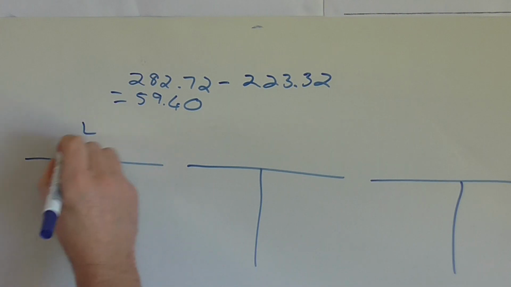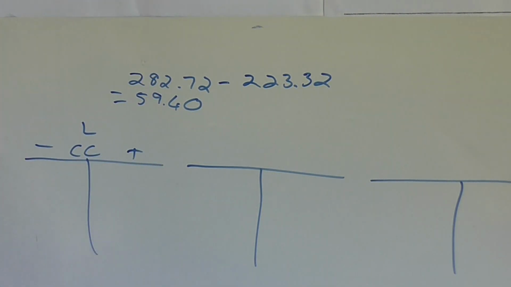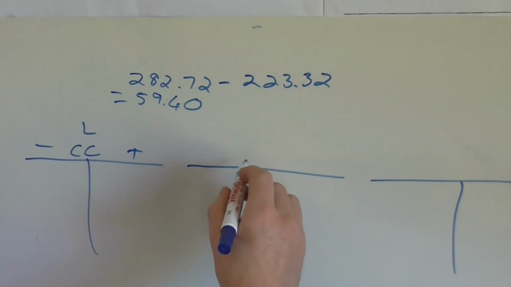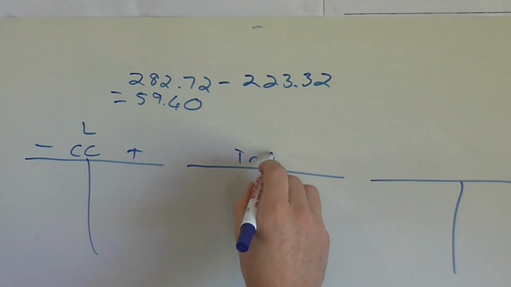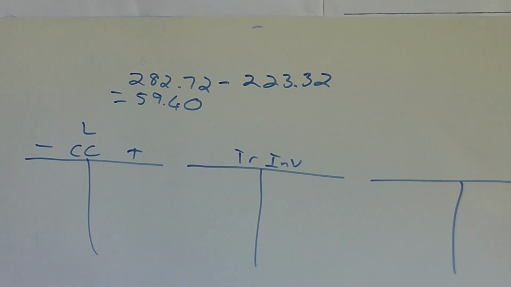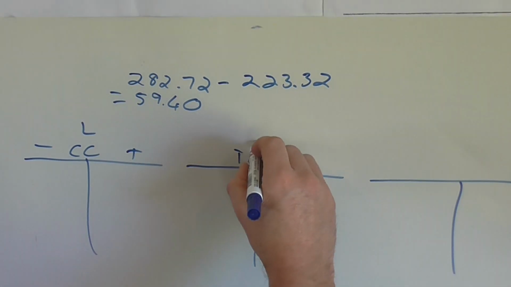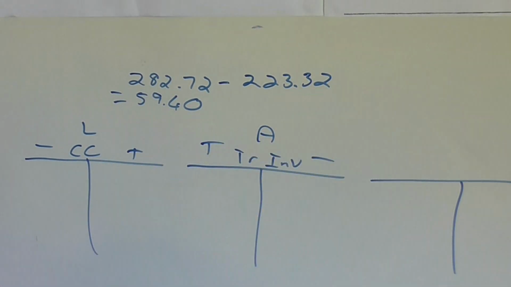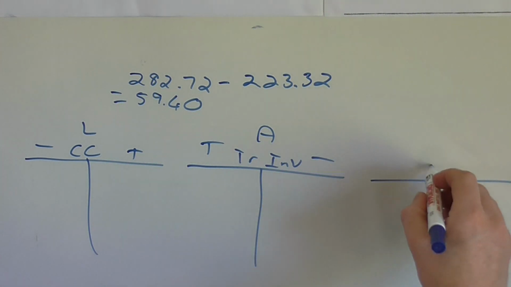So it's creditors control, minus, plus trading inventory, which is an asset, plus minus, and then VAT input.